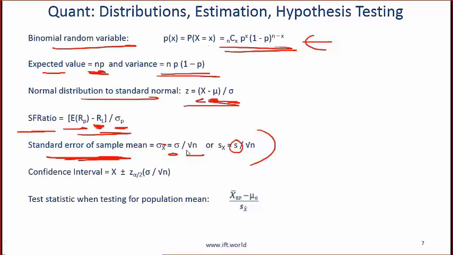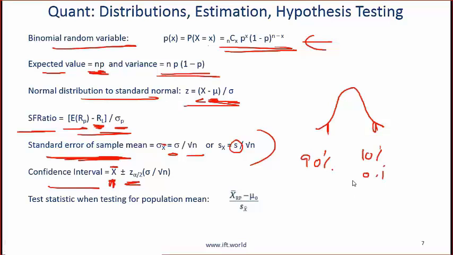Confidence interval is your point estimate, x bar, that is the sample mean, plus minus this z alpha over 2, which is calculated based on the significance that you want to use. So if you have confidence of 90%, you're dealing with both tails. What's alpha? Alpha is 10% or 0.1, and alpha over 2, because you are going to both tails, would be 0.05.